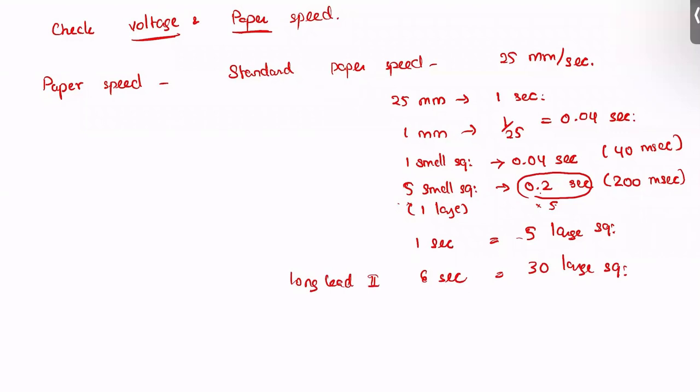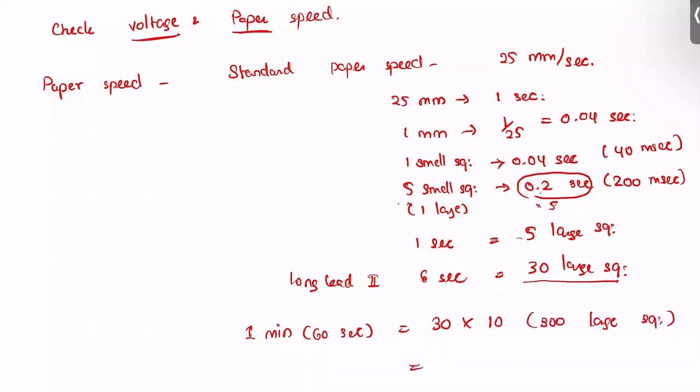We usually record 30 large squares for the long lead 2, and we count the number of R waves in the 30 large squares. For the 1 minute heart rate, we have to multiply by 10. So 60 seconds is 30 into 10, 300 large squares.